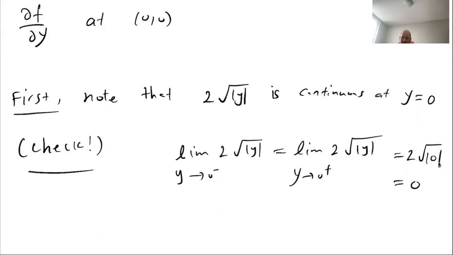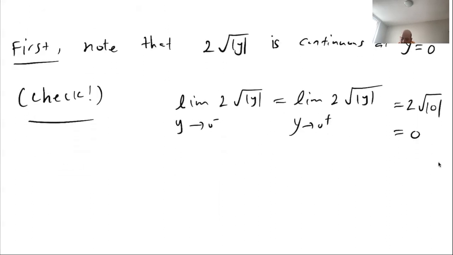So maybe it's easier to check the continuity this way, using the original definition of continuity and checking that the left limit, right limit, and the value of the function at the point are all the same. So please check this, that the left limit, right limit, and value at the point are all 0.